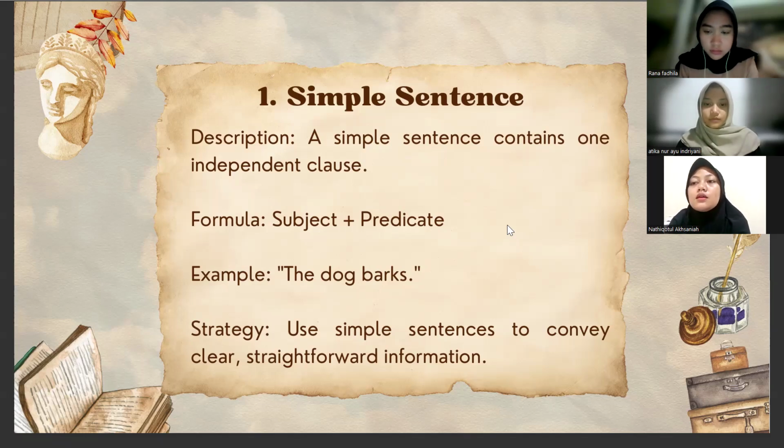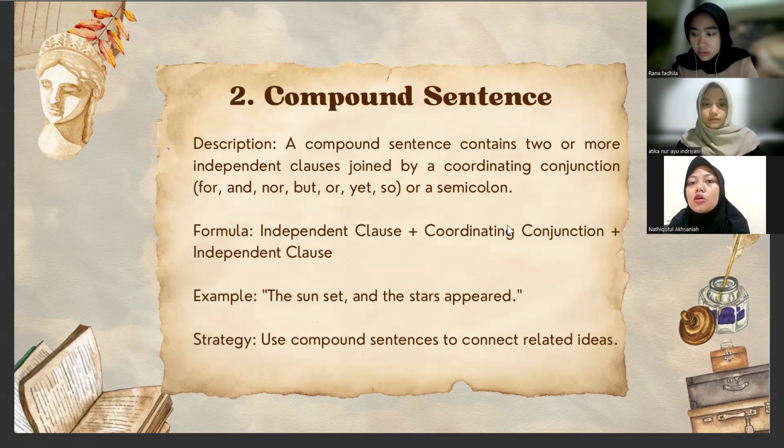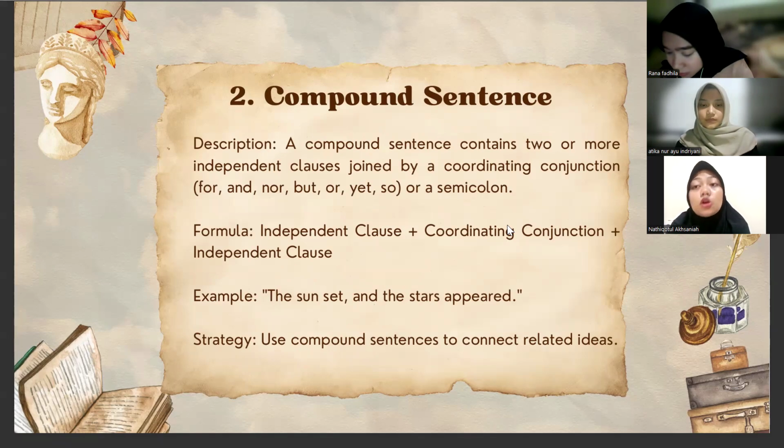Next is the compound sentence. A compound sentence contains two or more independent clauses joined by a coordinating conjunction, which is for, and, nor, but, or, yet, and so, or a semicolon.